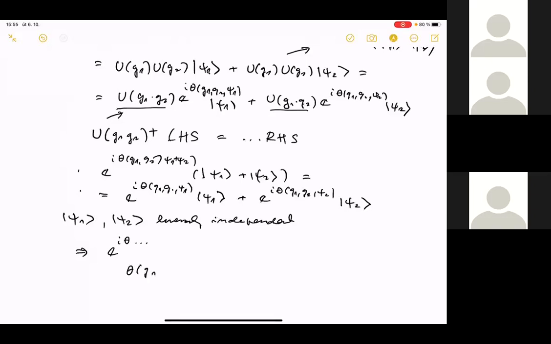So theta(G1, G2, psi1 plus psi2) is on the left-hand side, and on the right-hand side we get either theta(G1, G2, psi1) or theta(G1, G2, psi2).